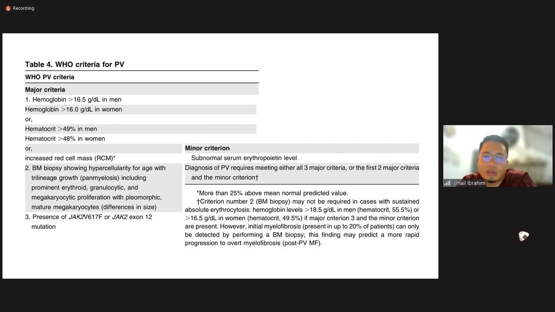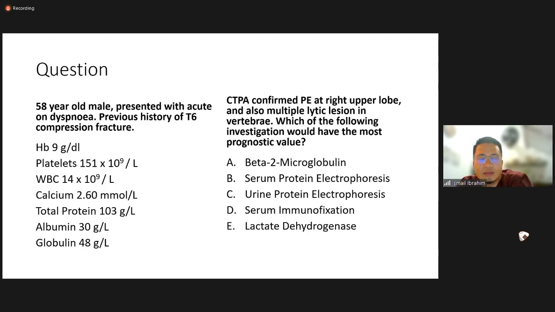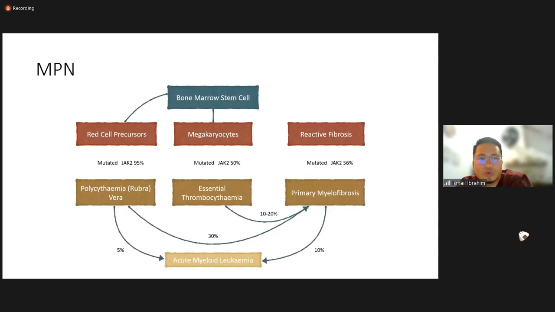And then I will offer the patient a bone marrow to complete the investigation and also to assess whether the patient has an element of fibrosis. And why is that? Because we know that polycythemia vera can also transform to myelofibrosis.